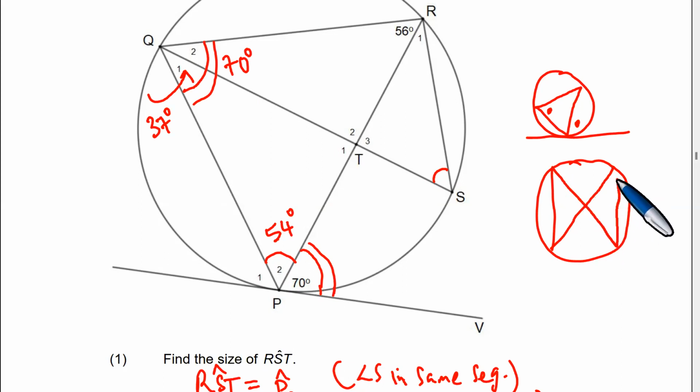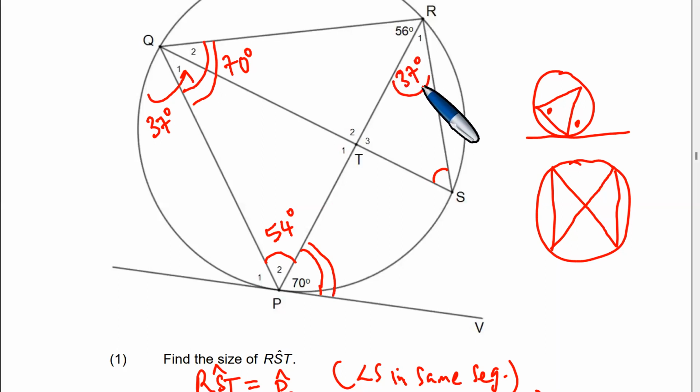You can see it's sitting there because this one is 37 degrees. And if this is 37 degrees, it's an angle subtended by the arc PS, the same arc PS that subtends angle Q1 and angle R1, meaning angles subtended by the same arc are angles in the same segment, so this one is also 37 degrees.